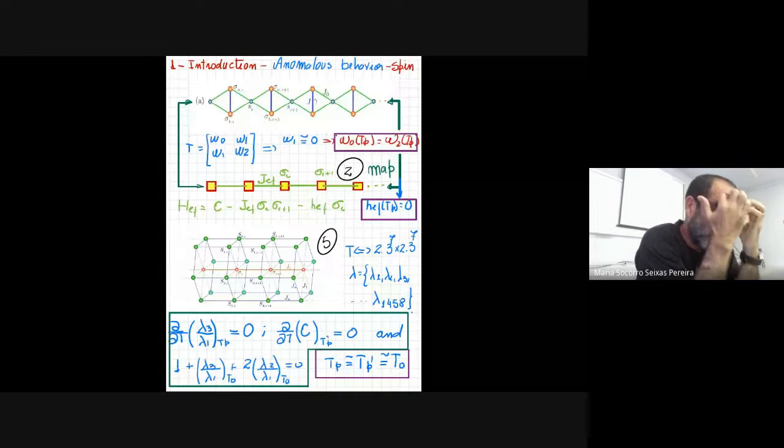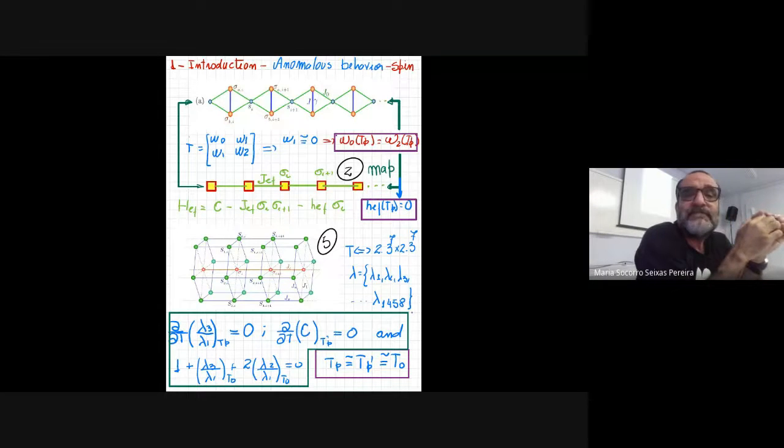At the same time, Oleg was visiting us, and we discussed these results with Oleg, and Oleg gave us another interpretation. Oleg looked at this and thought about an effective Ising model, and mapped this model to one effective model.